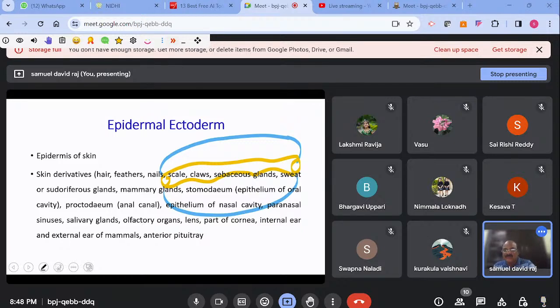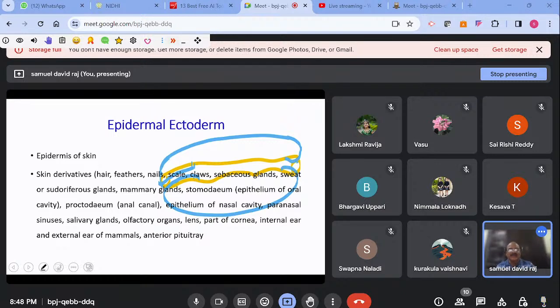And during this process, the ectoderm comes inside and lines the interior of the oral cavity. At the same time, it lines the interior of the anal cavity.